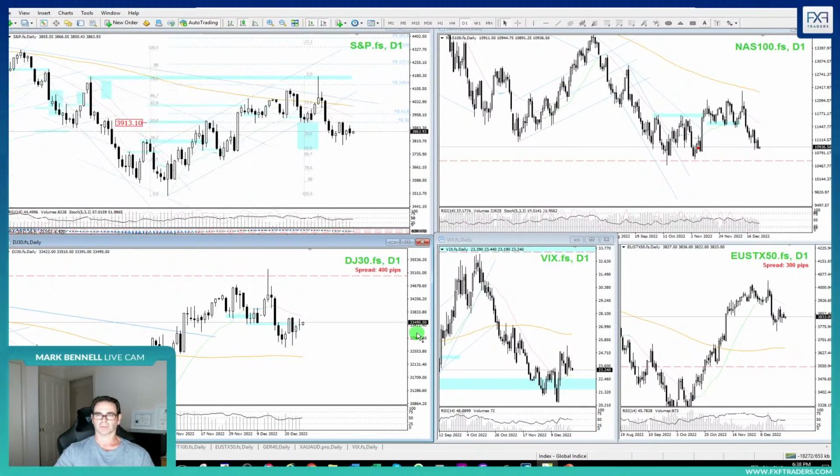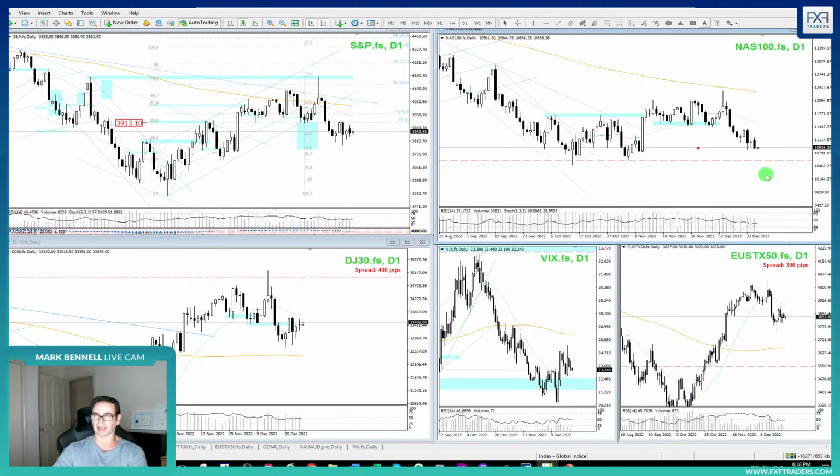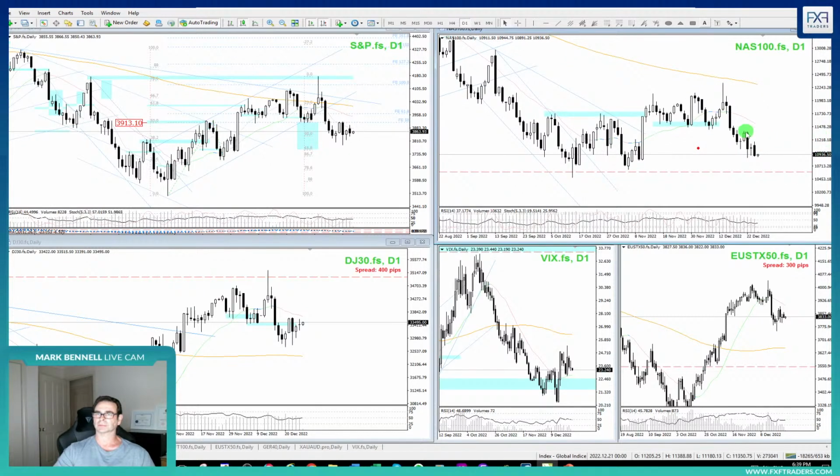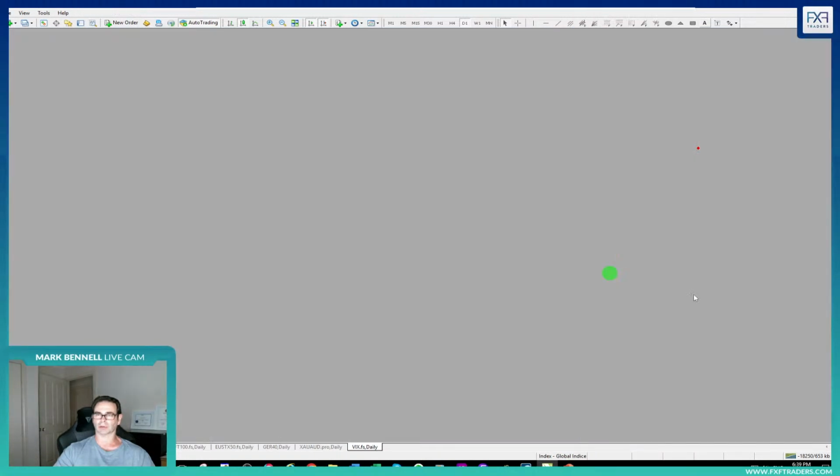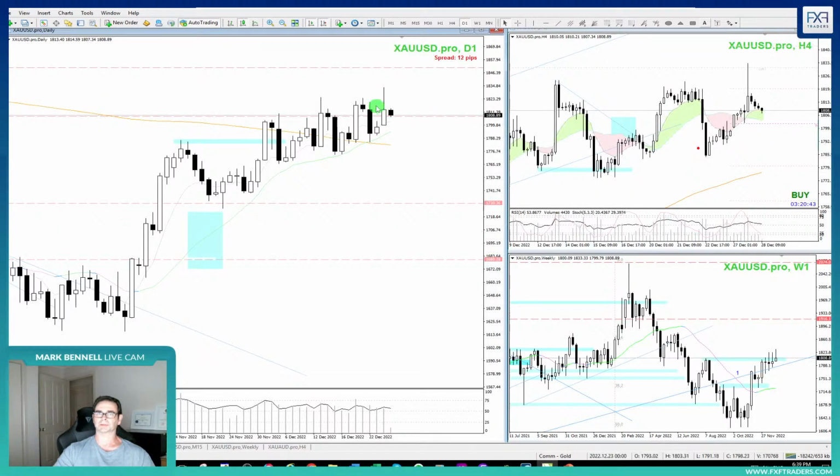The rest of them look similar. Nasdaq looks a bit weaker. VIX is kind of going nowhere. The Dow is okay, but not really giving much. Gold and silver. Gold popped. A little bit of a funky trend. We're getting lack of projection, deep pullbacks.